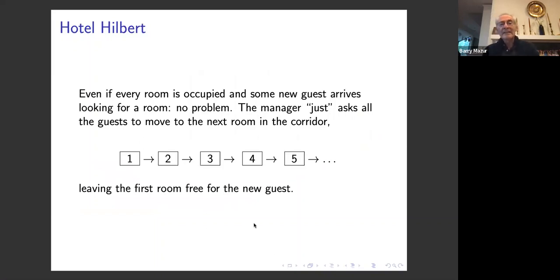Okay. Hilbert's Hotel is very convenient. It never is really fully occupied, because if every room is occupied, as I'm sure lots of you know, the idea of Hilbert is to have some new guest, when he arrives, just ask the manager to request that all the guests move to the next room in the corridor in sequence, leaving the first room free for that new guest.